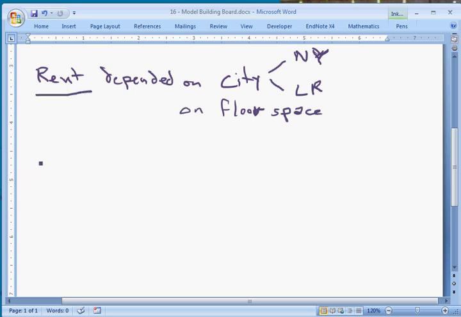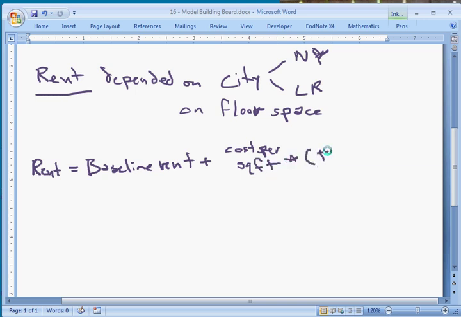Maybe we're being a consultant for a property manager, but we might say that rent is equal to a baseline rent, right? Which is just sort of like a fixed fee. Even if you don't have any square footage, right? You have to pay this baseline rent plus the cost per square foot times the number of square feet.